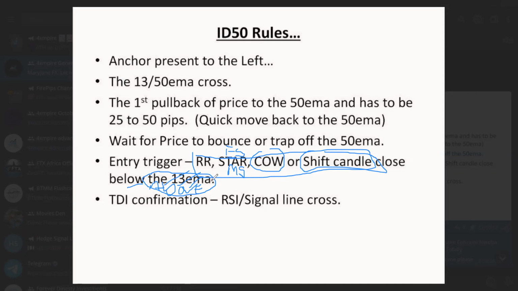Now, after that, your last confirmation is what we call shark fin.